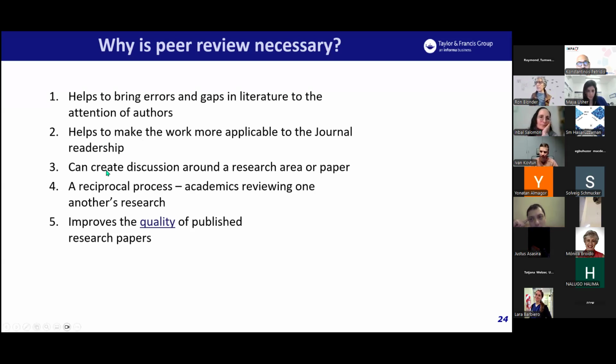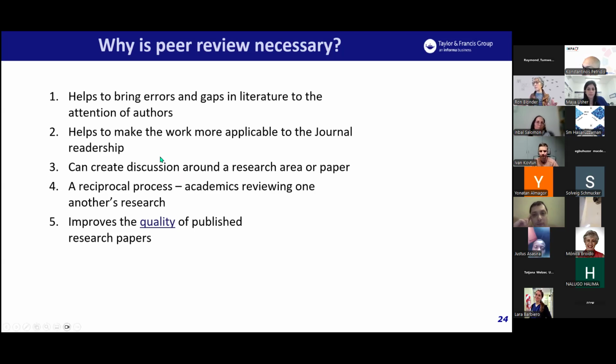And it also creates a discussion, because if a reviewer reads something and has some comments and you answer it, it's a discussion. And then it's a reciprocal process. You get comments from reviewers, and you also later on become a reviewer and give comments to other authors and help them improve their own papers.